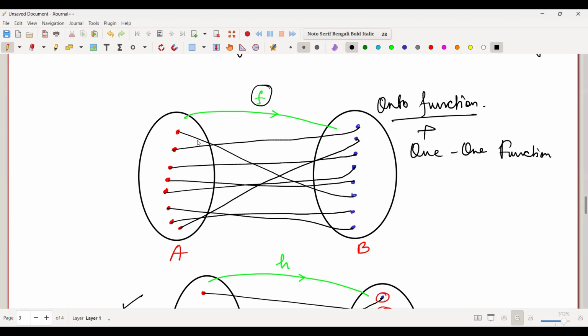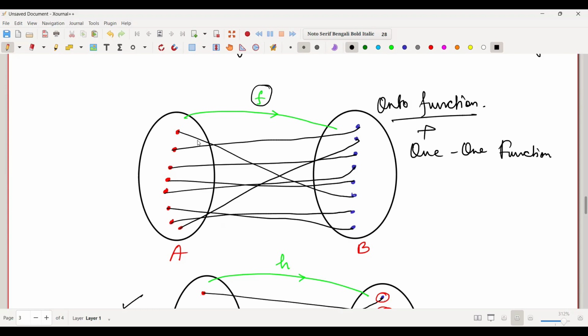Why one-one? Because every element of set B has exactly one pre-image, and every element of set A has only one image, that is the definition of a function.